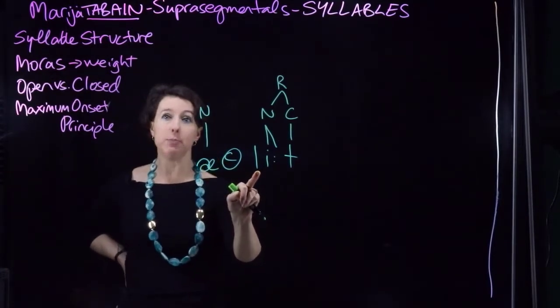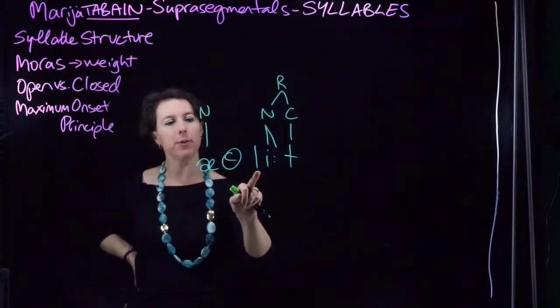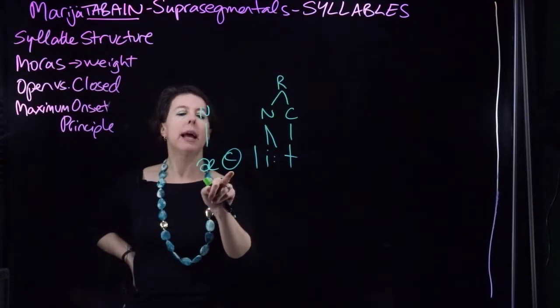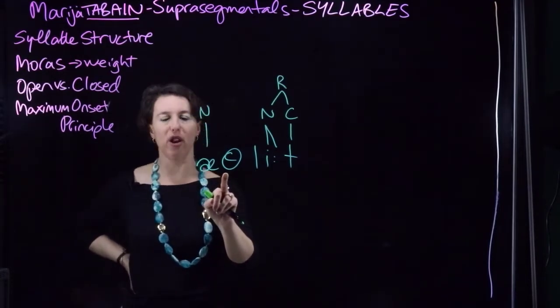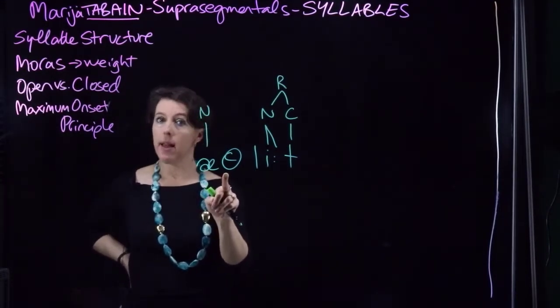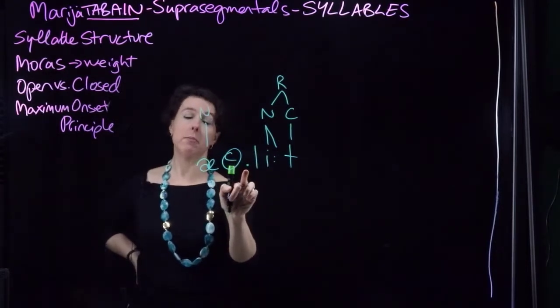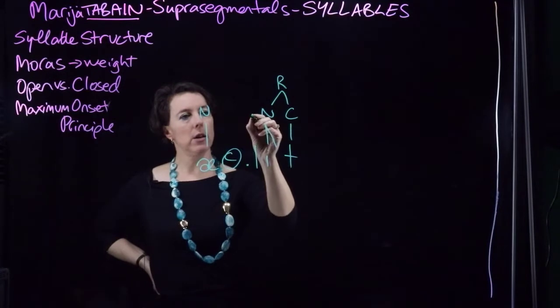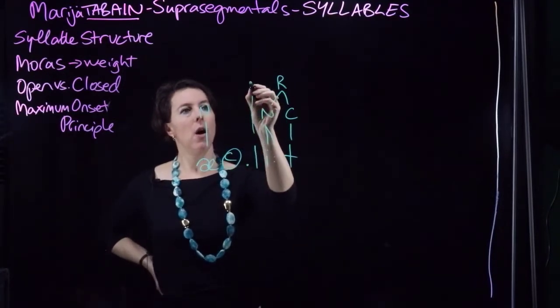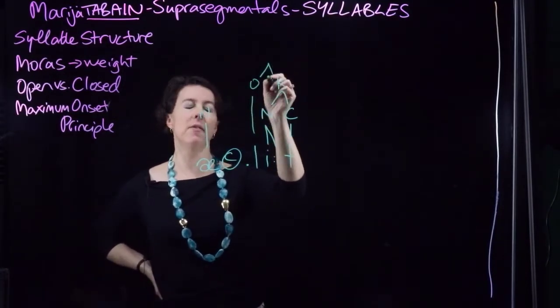Can a word in English begin with L? Yes, it can. Great. Keep going along. Can a word in English begin with Thl? No, it can't. Therefore, we put our boundary there. There's our dot marking our boundary. And so this goes into the onset of the first syllable, of this syllable, sorry.